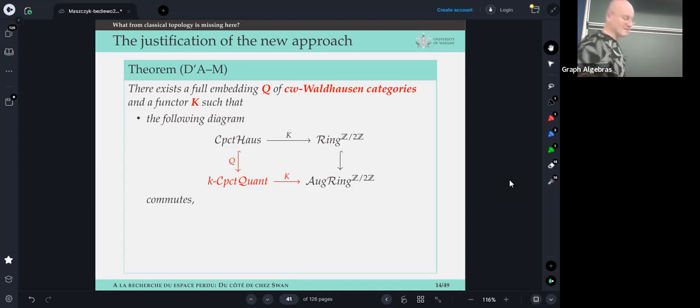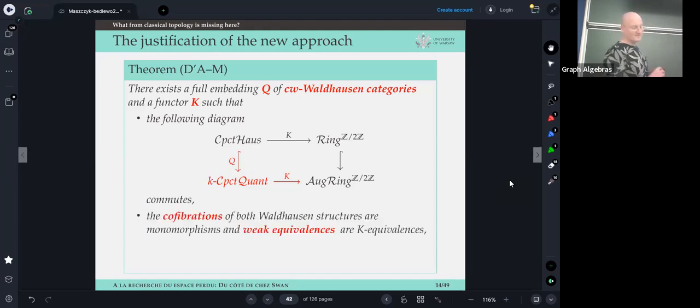And we complete the pair of these black arrows by this red part of this diagram, consisting of embedding of compact Hausdorff spaces into some special category, which we call K compact quantum spaces, where K means that the object will be equipped with some additional structure. And from this category, there will be another K functor taking values in augmented Z2-graded rings. Okay. This diagram is commutative.